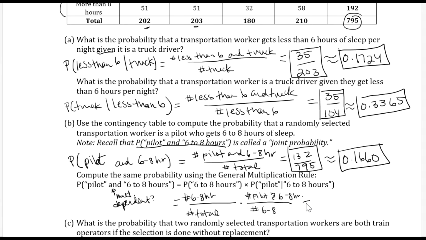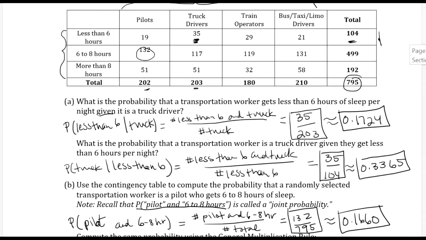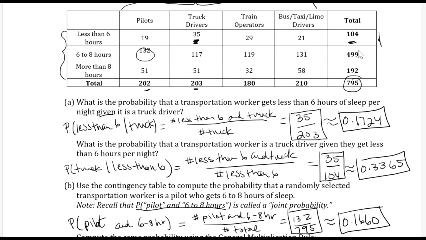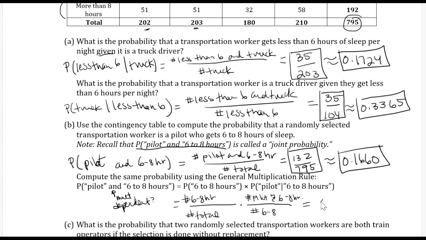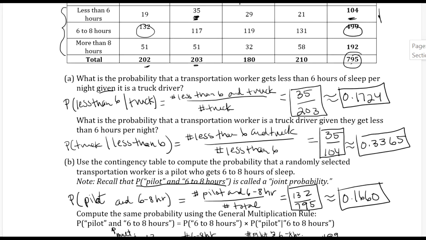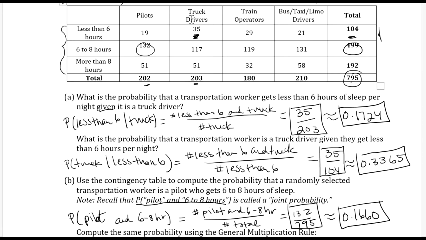So the number of individuals that we have 6 to 8 hours is 499, out of our total, which was 795. Then we're going to have a number of pilot and 6 to 8 hours, which is 132.